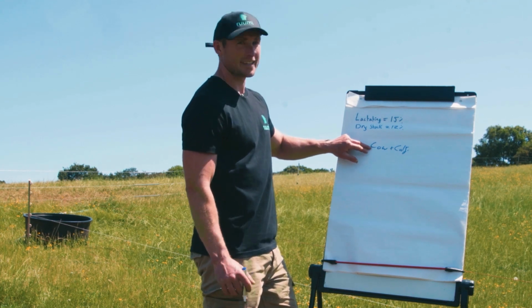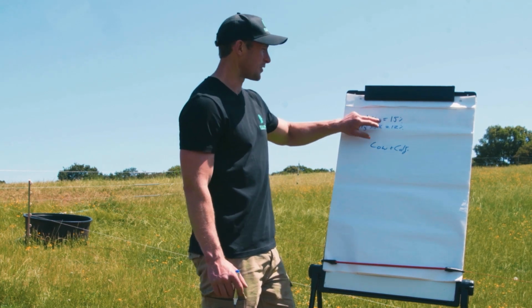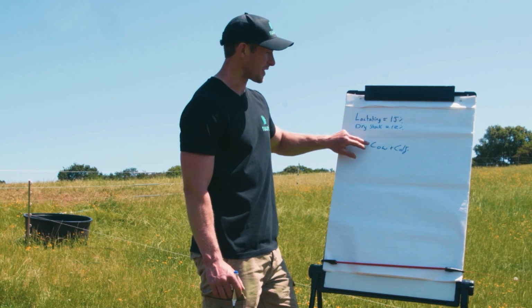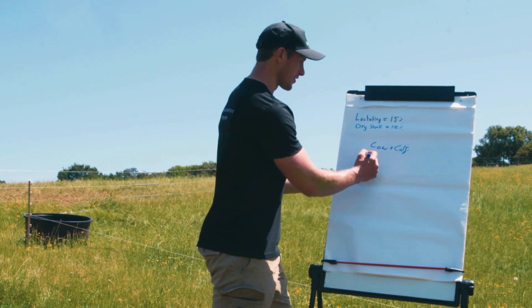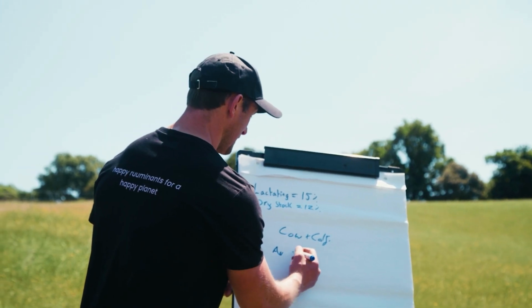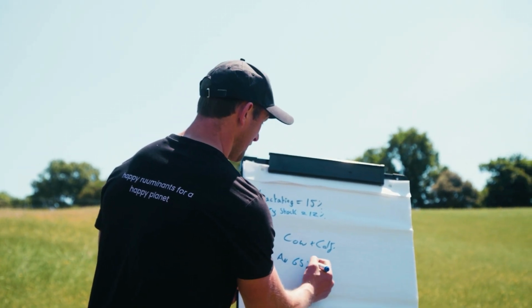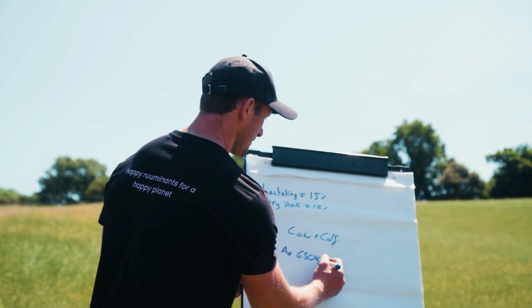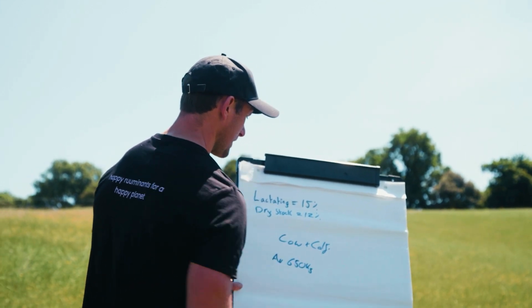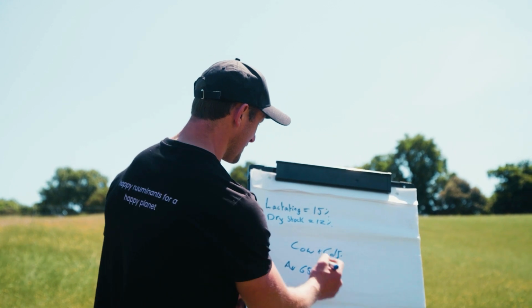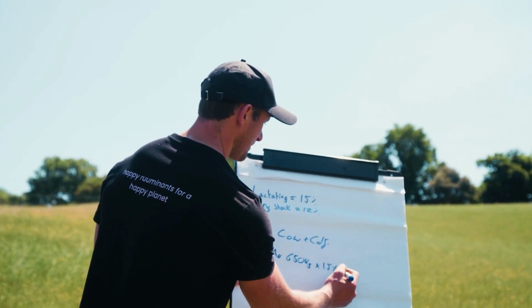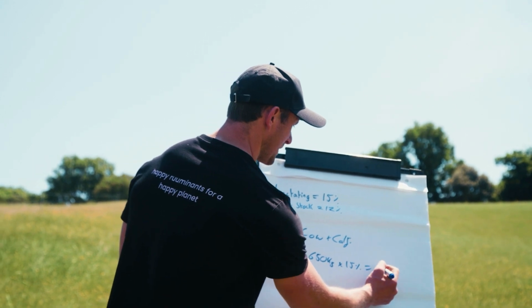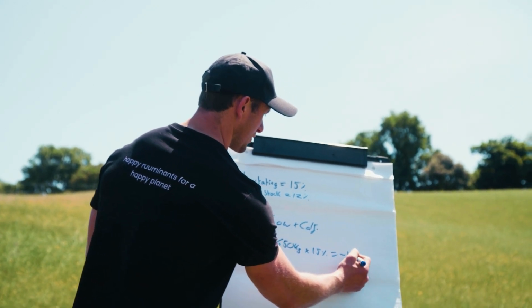So the cow's lactating, clearly, because she's got a calf with her, so we can use 15%. So the way we use it is we consider what's the average weight of a cow in that group. So let's say, for instance, the average cow is 650 kilos. In weight, we times 650 by the 15%, and that works out to be roughly 100 litres.